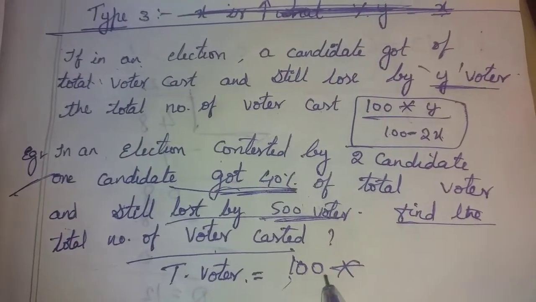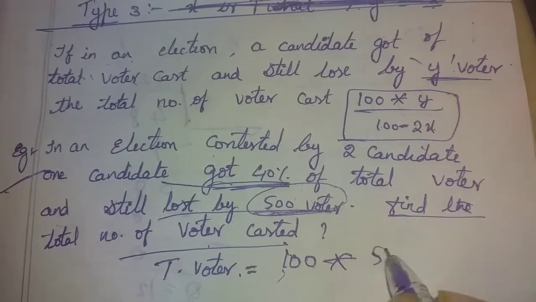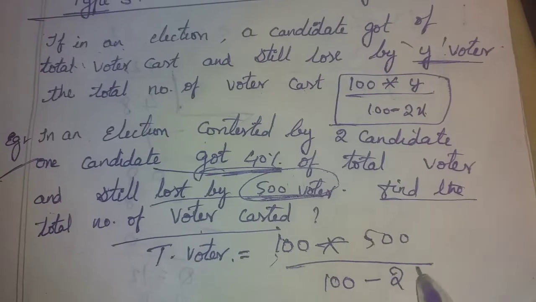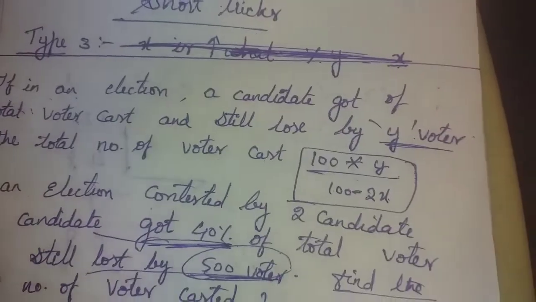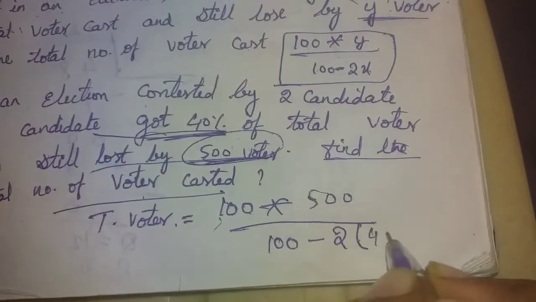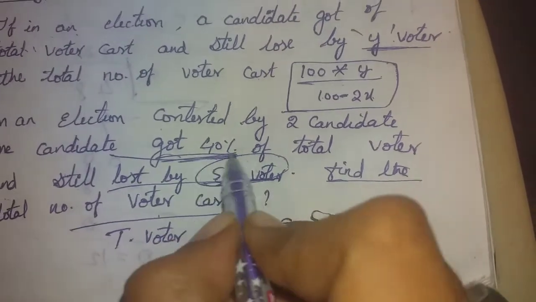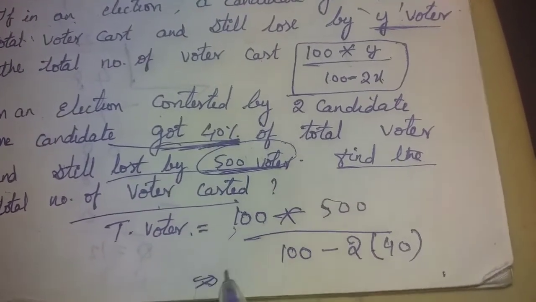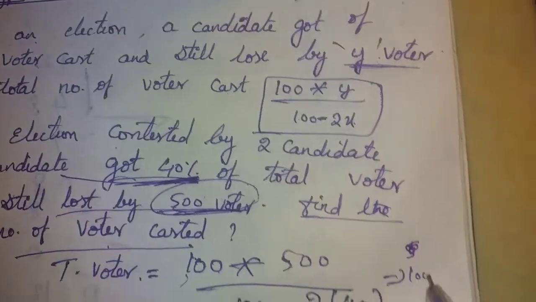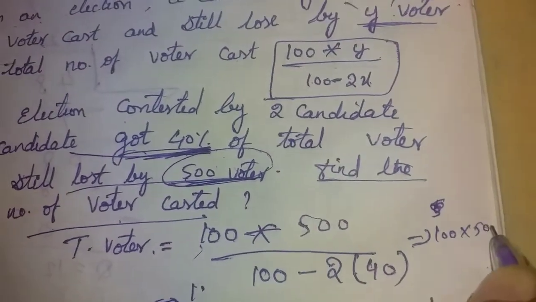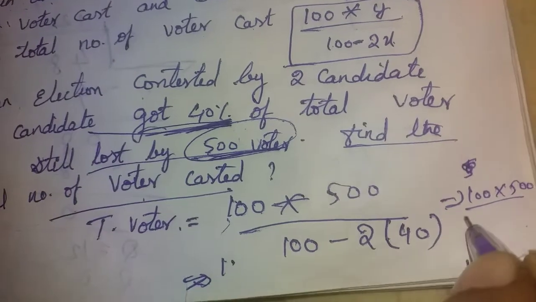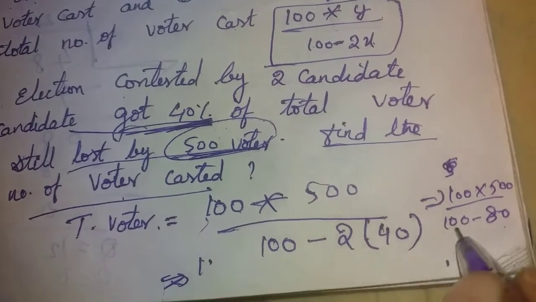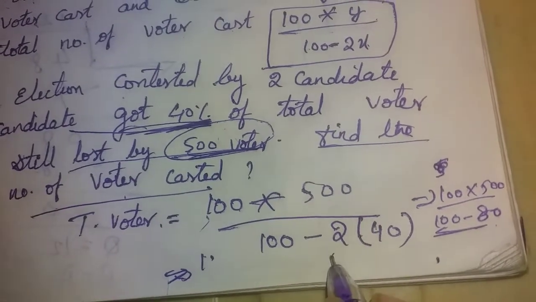Total votes is equal to 100 into 500 by 100 minus 2 into 40. 2 into 40 is 80. Now 100 minus 80 means 20.